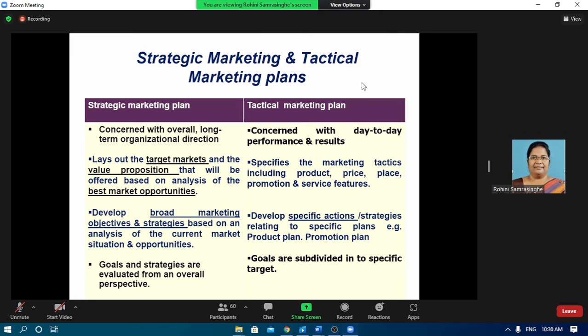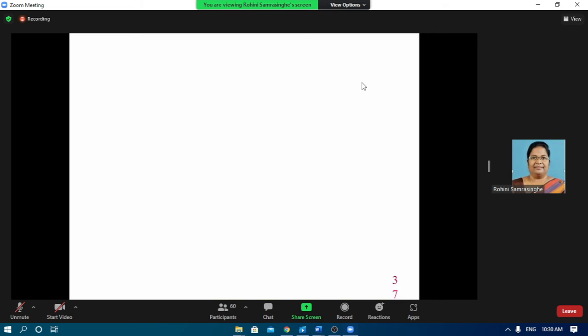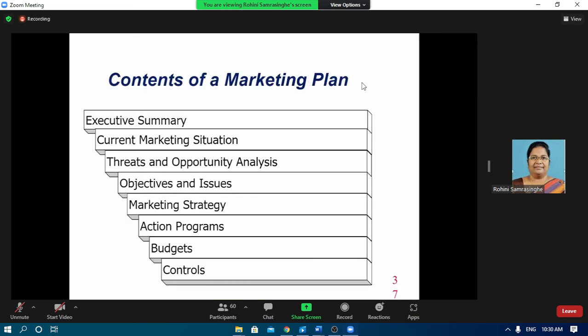So the goals are subdivided into specific sections or specific targets, right? So that is the difference between strategic planning and tactical planning, right? So now we can move on to understand the marketing plan and what it contains, right?